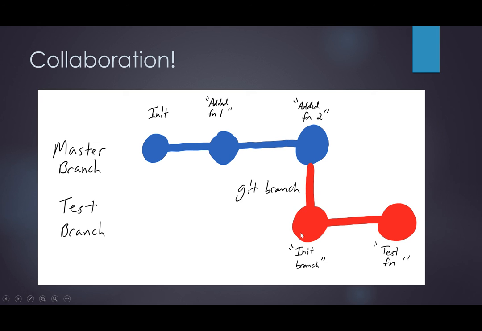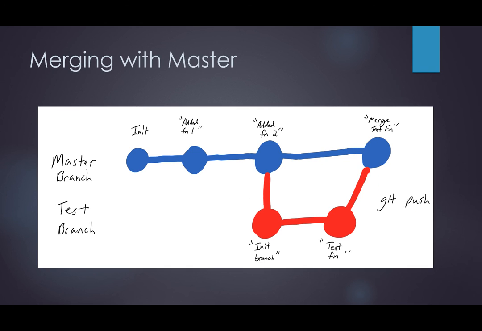And then within your test branch, you can mess around, add more commits. So here I have another test function that I committed to the local repository. Once you've made your tests and everything works fine, or it looks like it works fine, you can push these commits back to master.